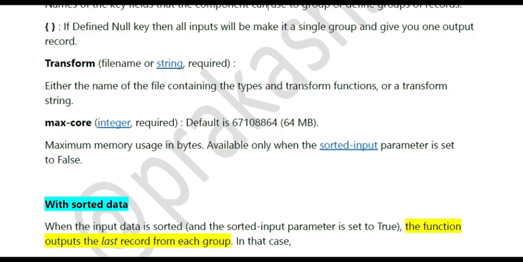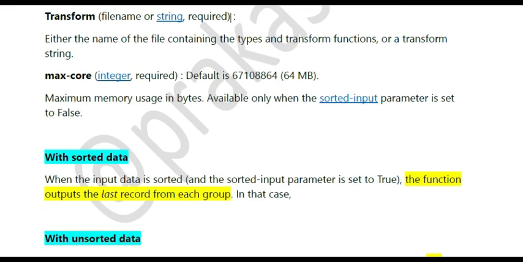And the next parameter we have is transform. Transform is required for mapping from input to output. Okay, and the next parameter we have is max core. Max core, as we know, is important, and many interviewers will ask about max core. Details we'll discuss in another video, but basically, the default value of Rollup max core is 64 MB.